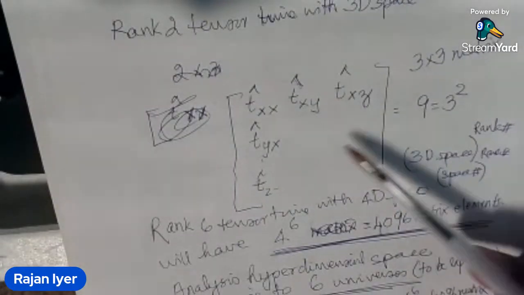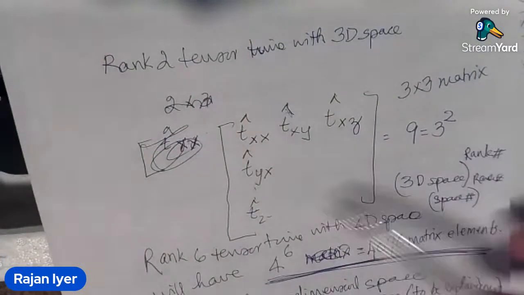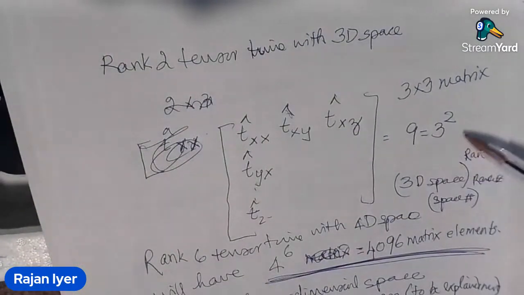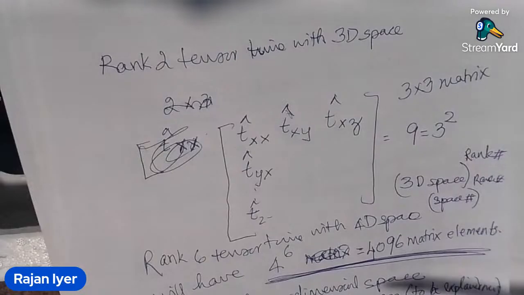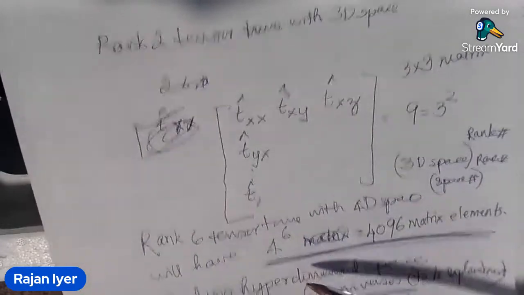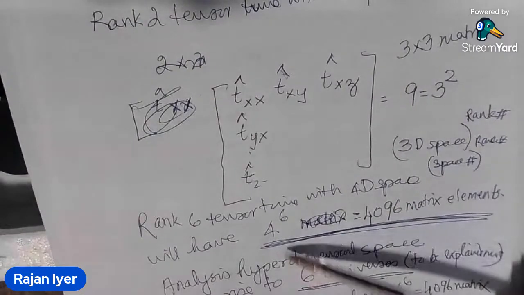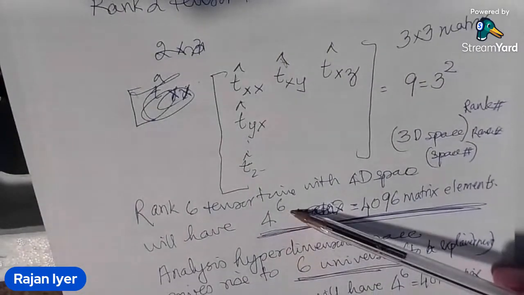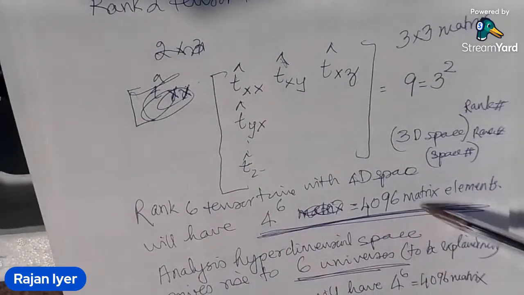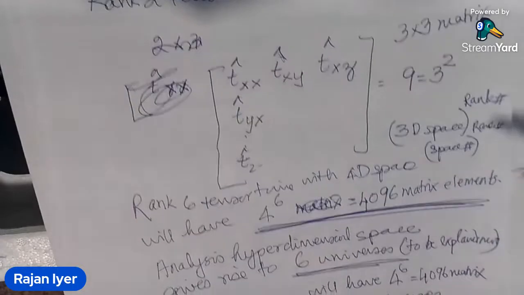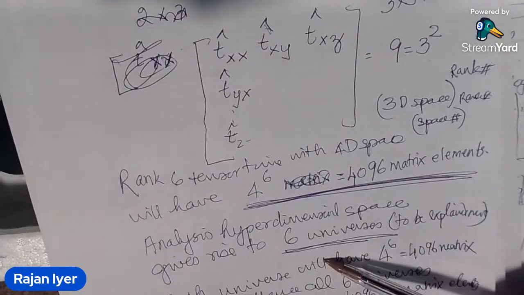For the rank 2 tensor, here you can see we have 9 elements, or 3 squared. So if we extrapolate to a rank 6 tensor of time with 4D space, we should get 4 to the power 6, which is 4096 matrix elements.